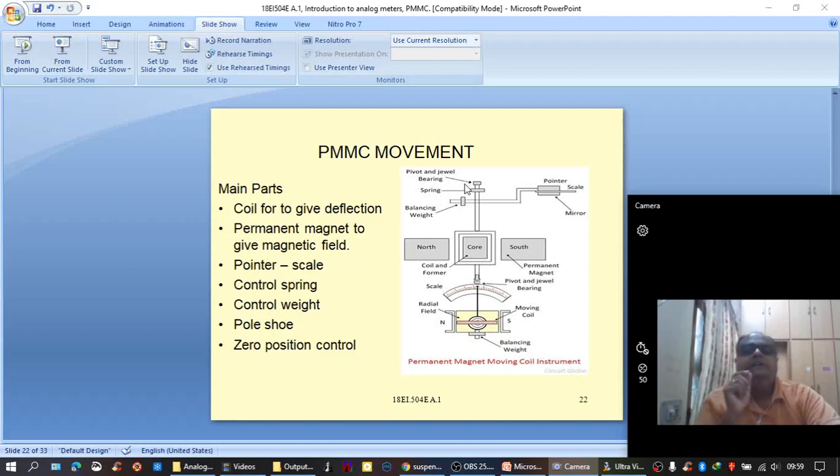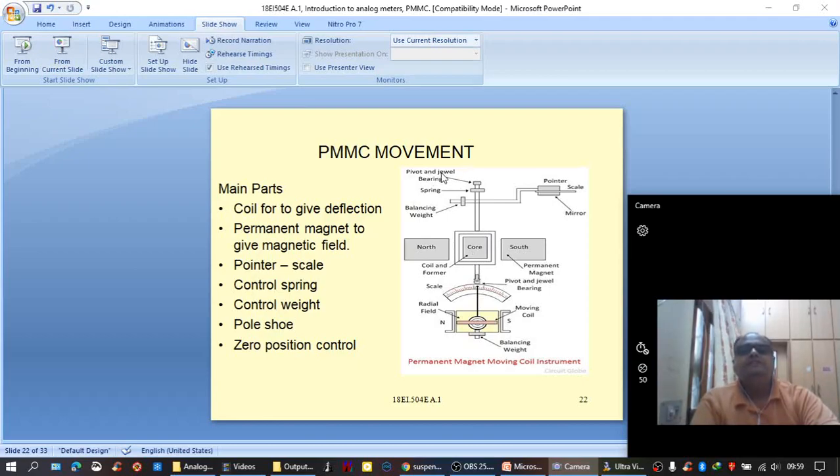That means a groove is made in the jewel, and a pivot is connected to the movable coil assembly. Two pivots will be there connected to the movable coil assembly, one at the top and one at the bottom.